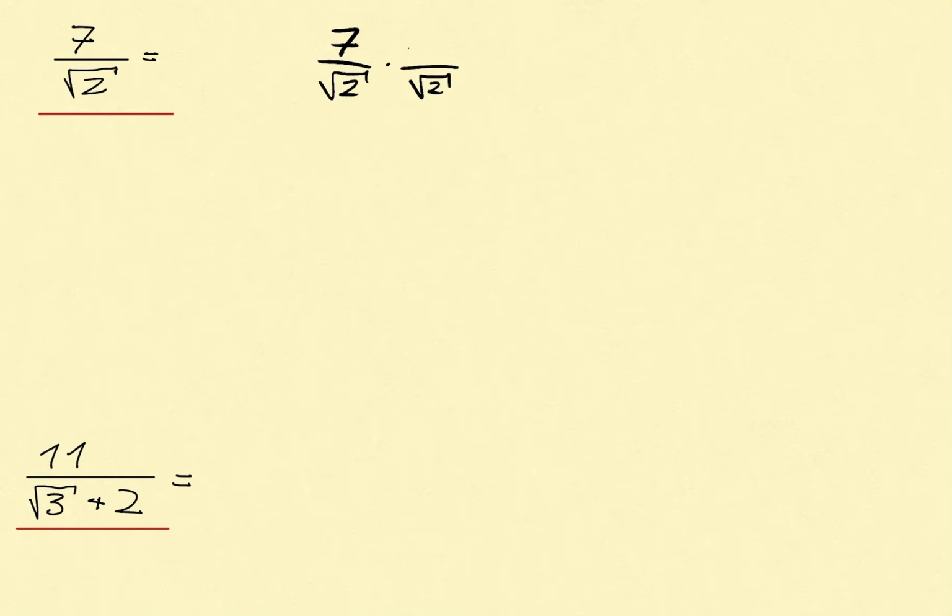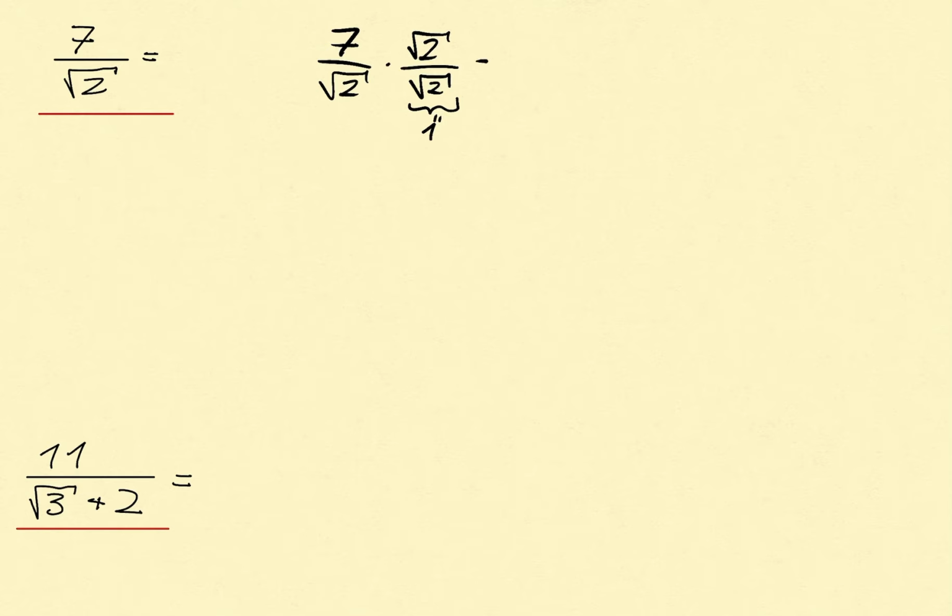So the thing is, if we multiply both the numerator and the denominator by square root of 2, we're in reality just multiplying it by 1, because one number divided by the same number will be equal to 1, right? So what we're doing here is simply making it easier.